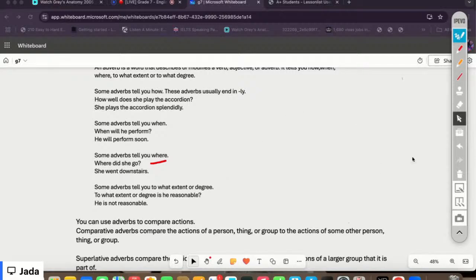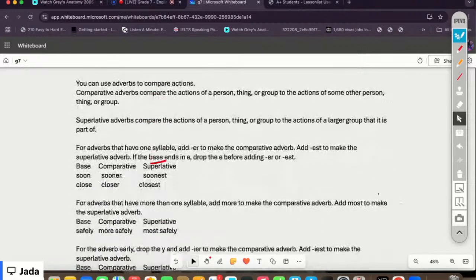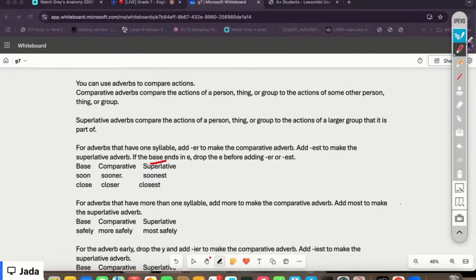So we also have the next one. This is for the comparative and the superlative. You can use adverbs to compare actions. Some adverbs are used to compare the action that is happening.